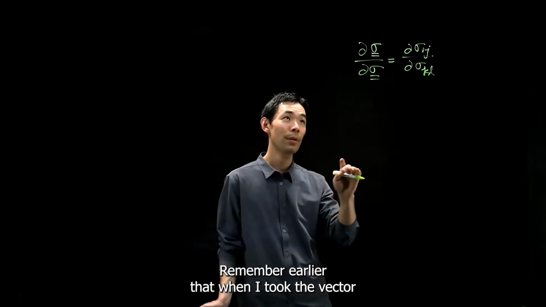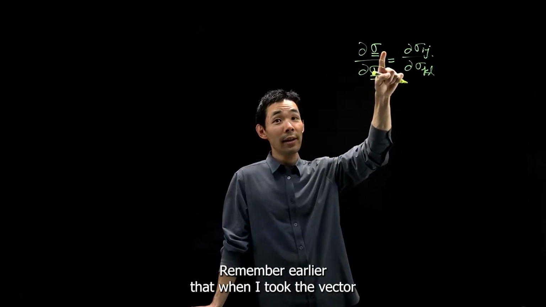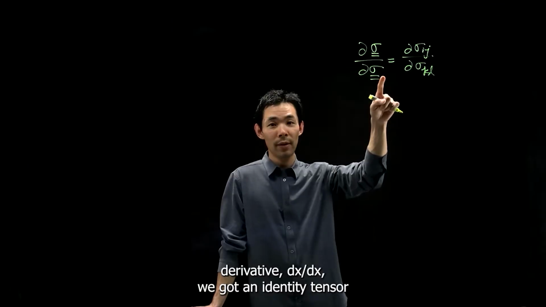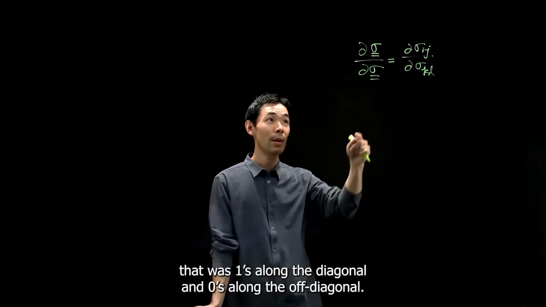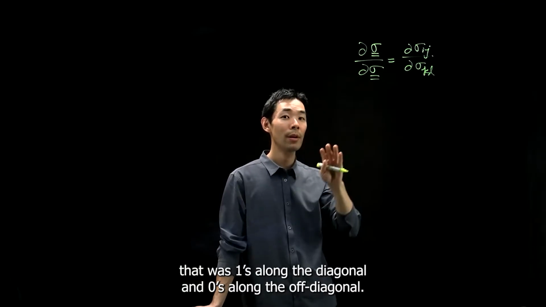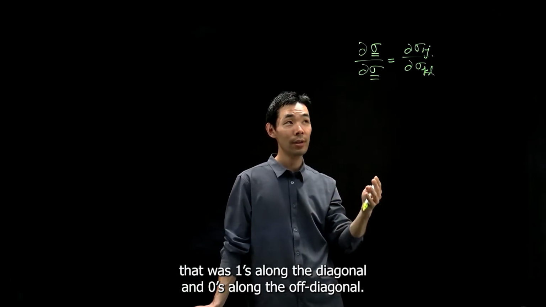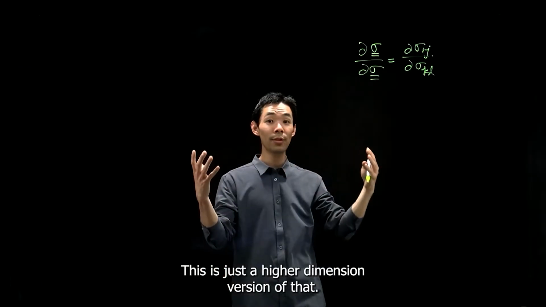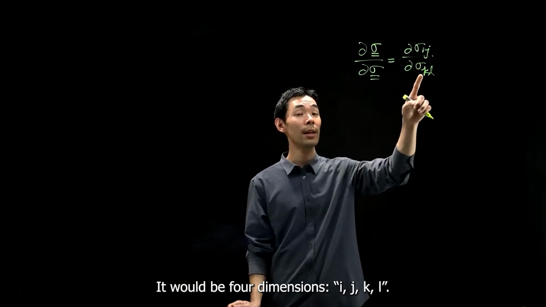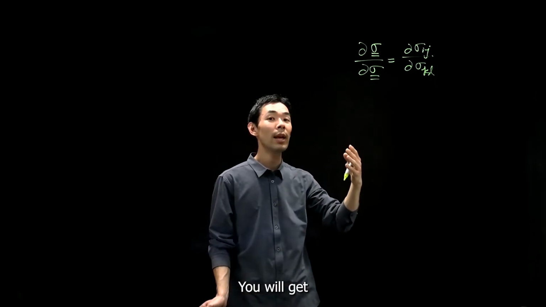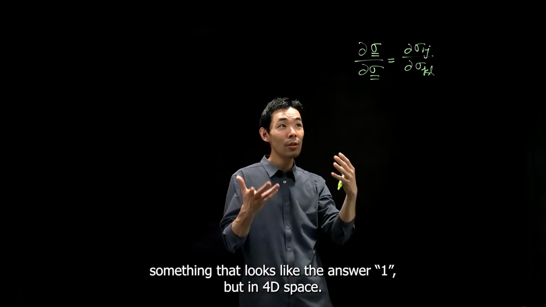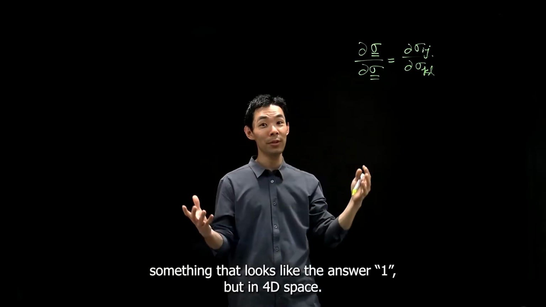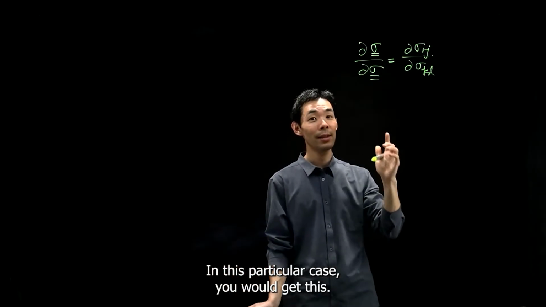And so remember earlier that when I took partial x vector, we got an identity tensor that was just ones along the diagonal and zeros along the off diagonal. In analogy, this is just a higher dimensional version of that. It would be 4 dimensions, i, j, k, l. Okay? So you would get, again, something that looks like the answer 1, but in 4-dimensional space. In this particular case, you would get this.